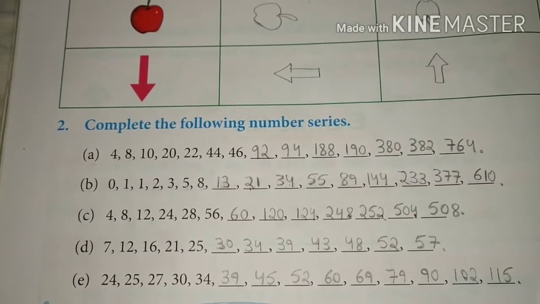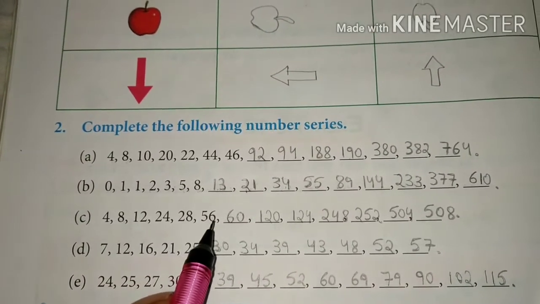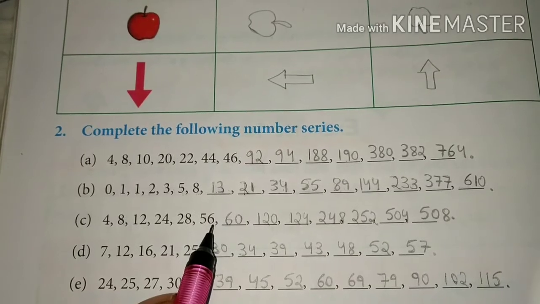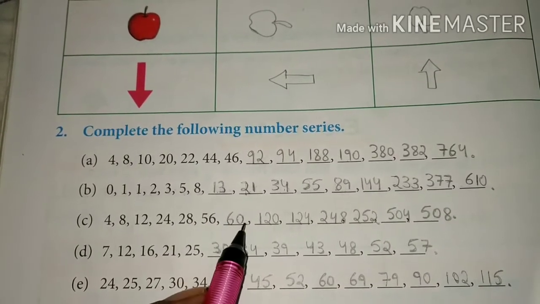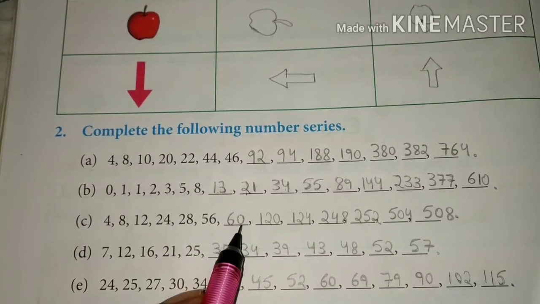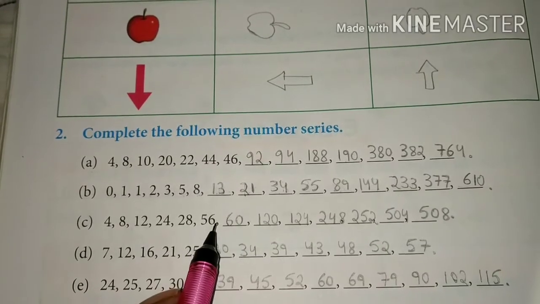So students, in this question, firstly, we have to multiply the number with 2 and then we have to add 4 to the number.